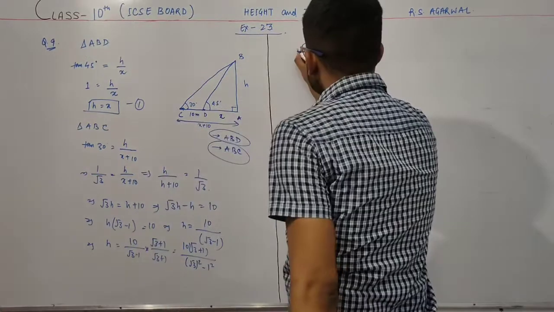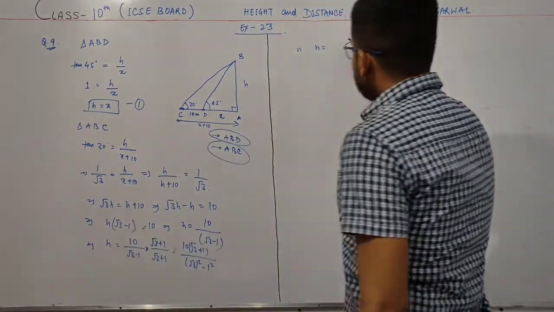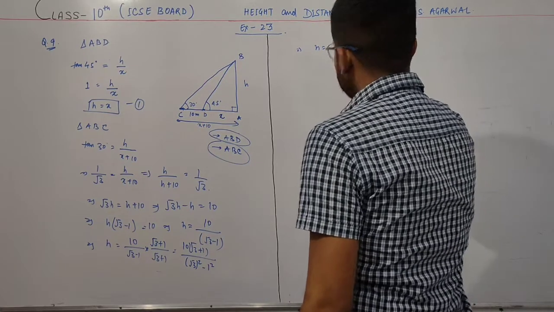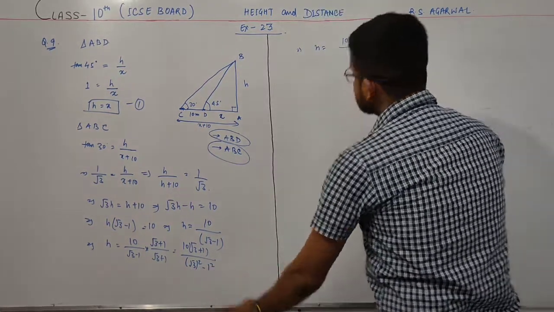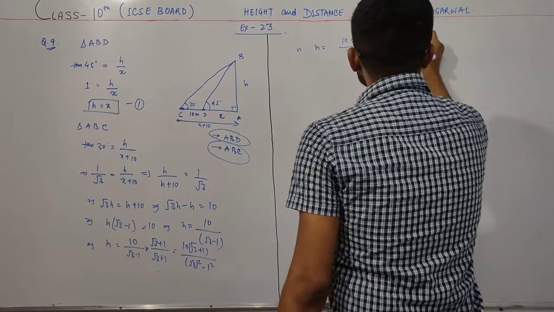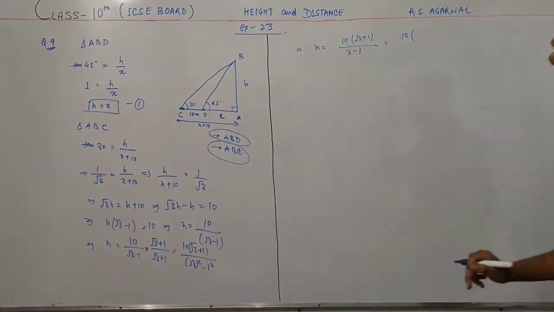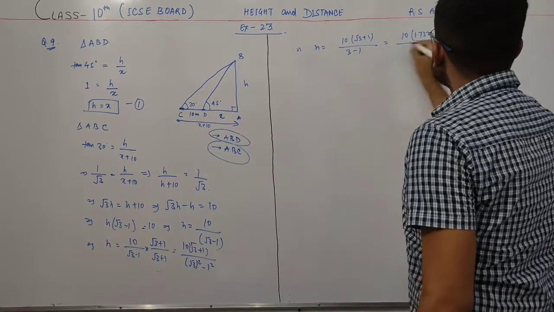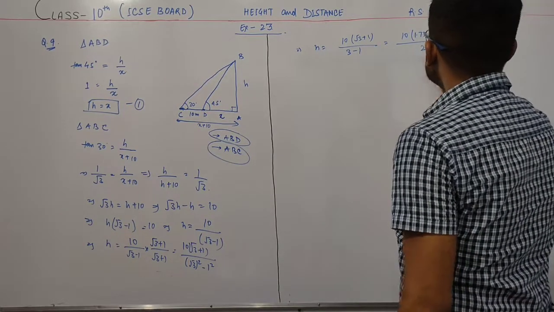Now if I further solve this, h is 10 times root 3 plus 1 upon 3 minus 1, so 3 minus 1 is 2. The value of root 3 is 1.732, plus 1, upon 2.